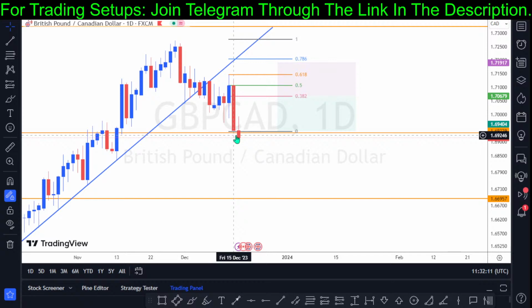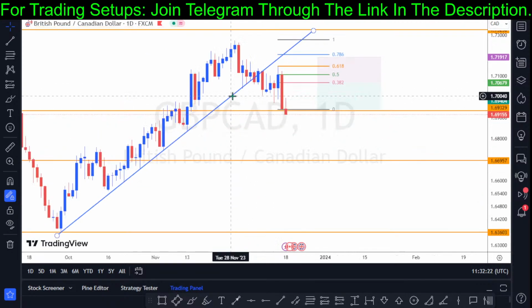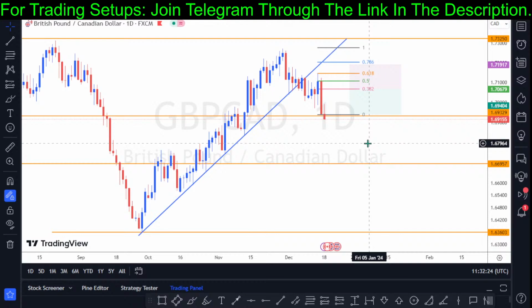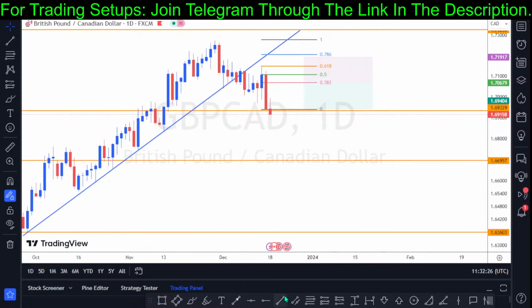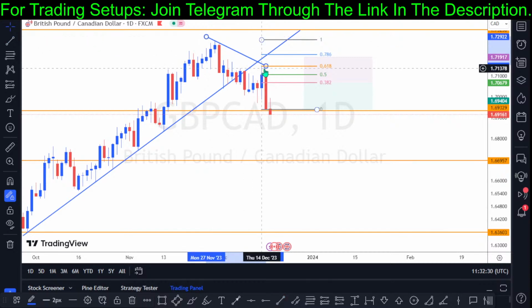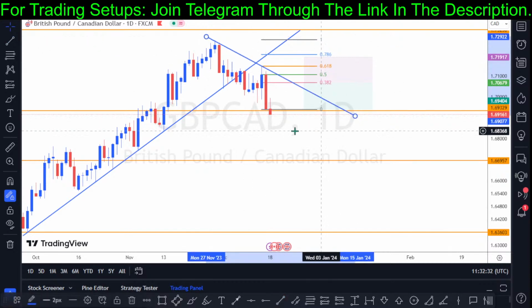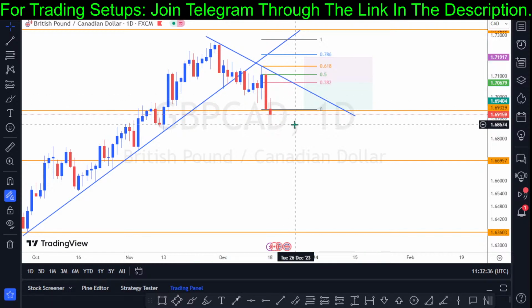I want to look out for a better price offer. So I want to look out for a pullback. If I can't see a pullback, I'll let this market go. That is one of the ways you can be disciplined as a trader. You have to let go. So let's hope price can give us a pullback. If we can't see the pullback, then good.